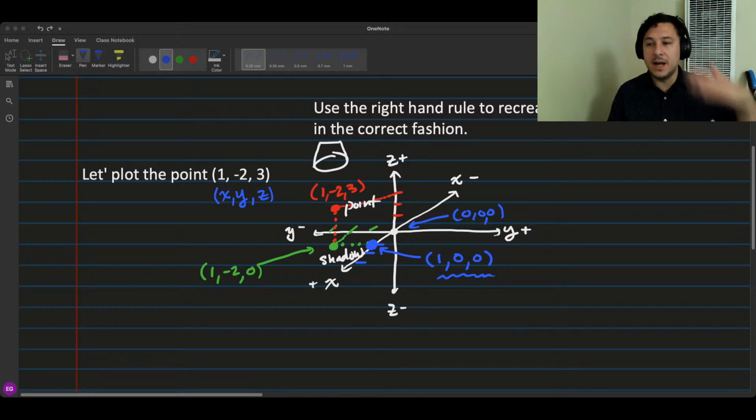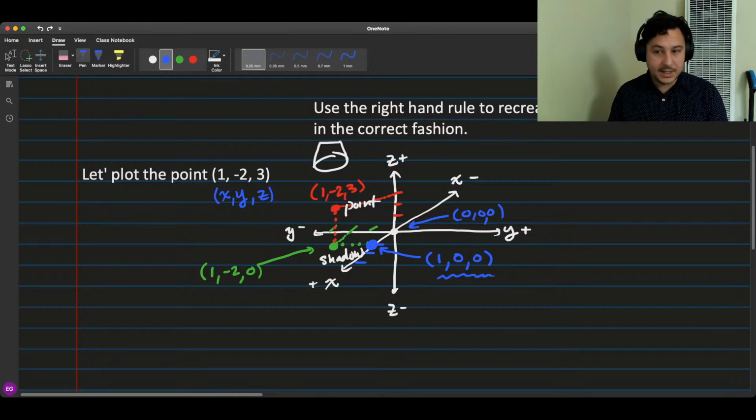Yeah, it's on the XY axis. Oh, sorry, the XY plane. Okay, we need some names for these different things because I keep talking about the different planes.